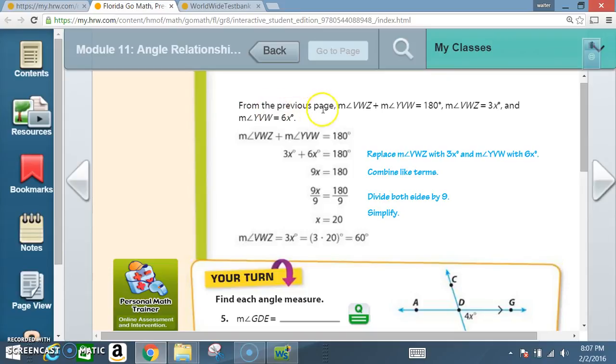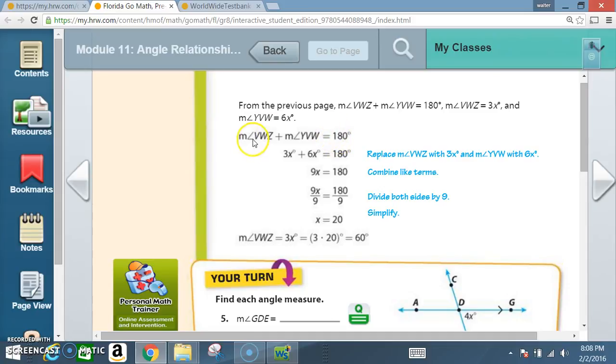Okay, now from the previous page, we learned that the measure of angle VWZ plus the measure of angle YVW was equal to 180 degrees. We know that the measure of angle VWZ was equal to 3x and the measure of YVW was equal to 6x. So now we're going to apply the property.